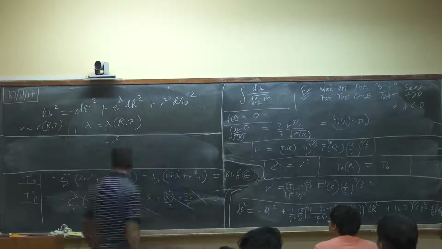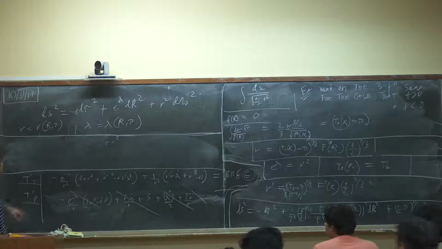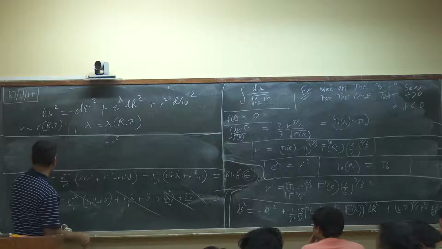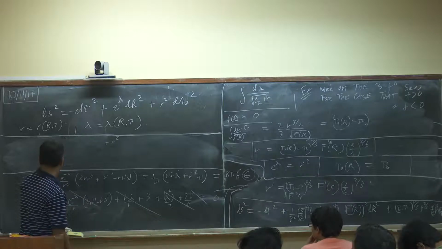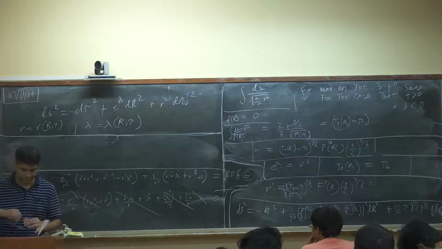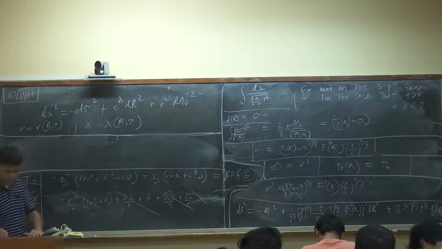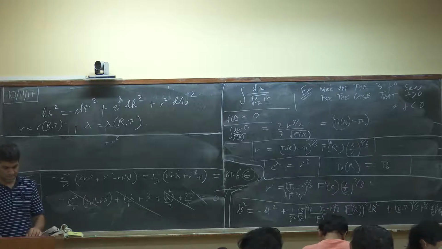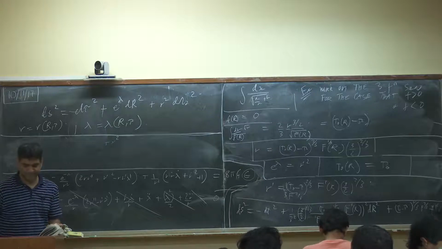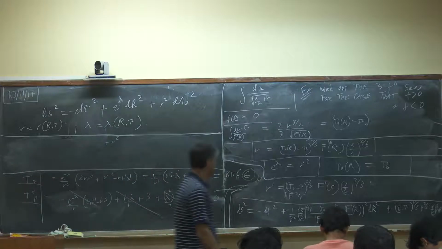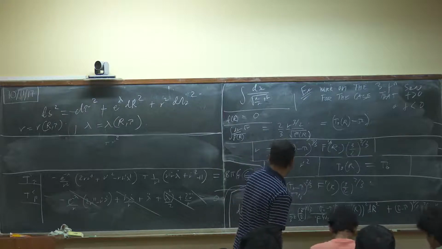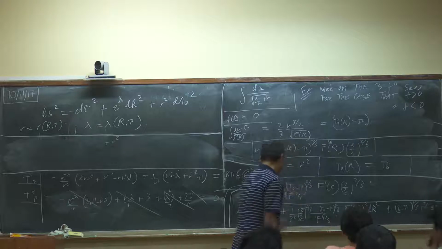So let's quickly do the algebra. Here we have minus e to the power minus lambda, and here we have this r prime squared.